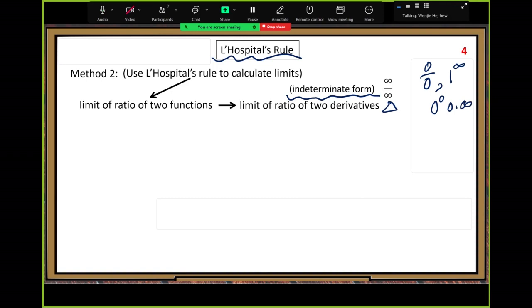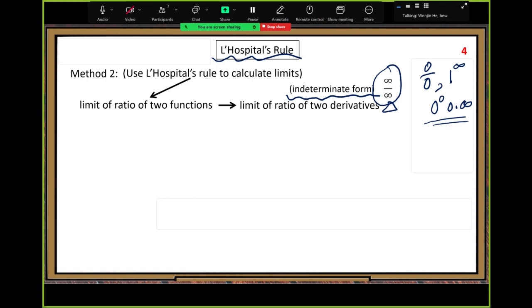What's that? There are many other different forms, but for this class, only the first one makes sense. Based on our functions, we only have the first form. We do not have other forms.